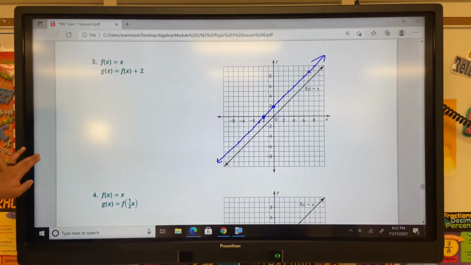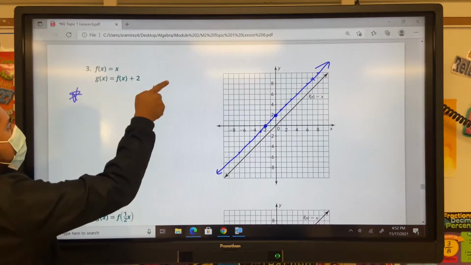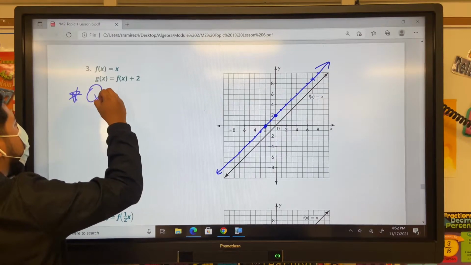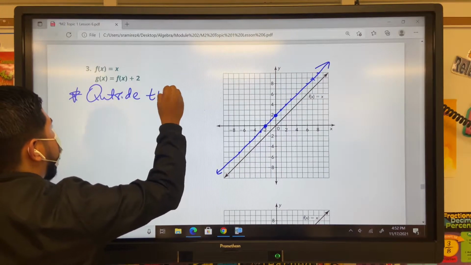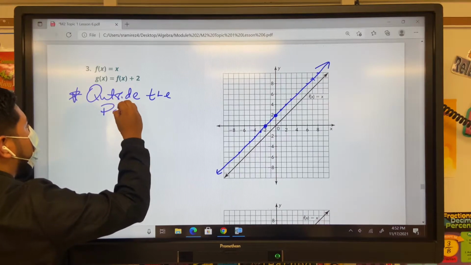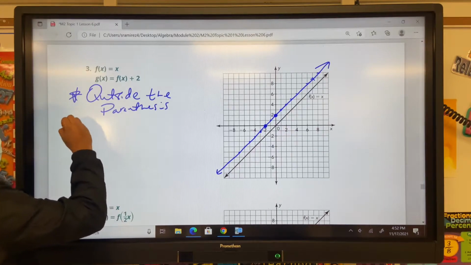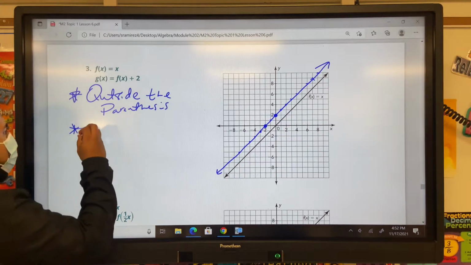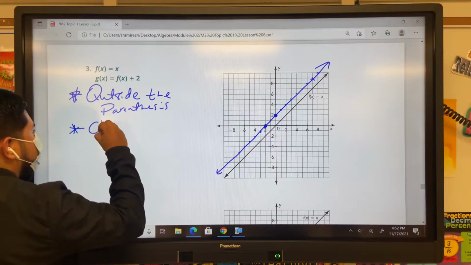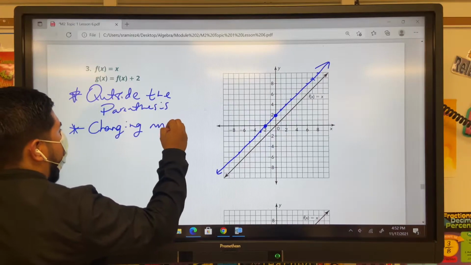Now, let's make these notes before we even talk about the graph. Where is my number? Outside the parentheses. So since it is outside the parentheses, it's not moving my x, it is changing my y.